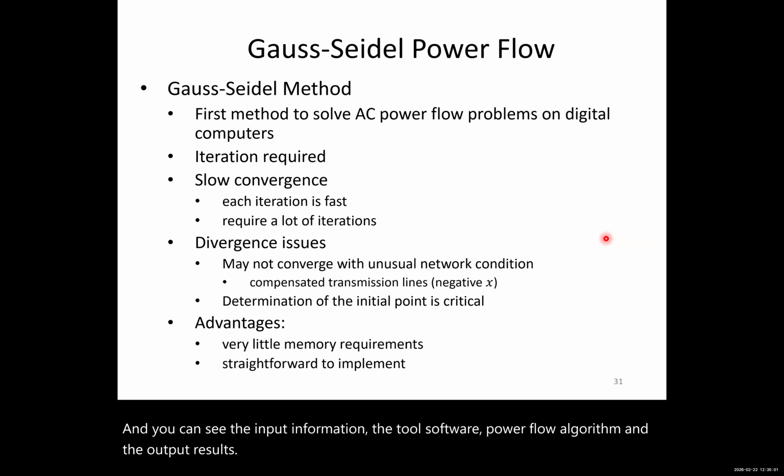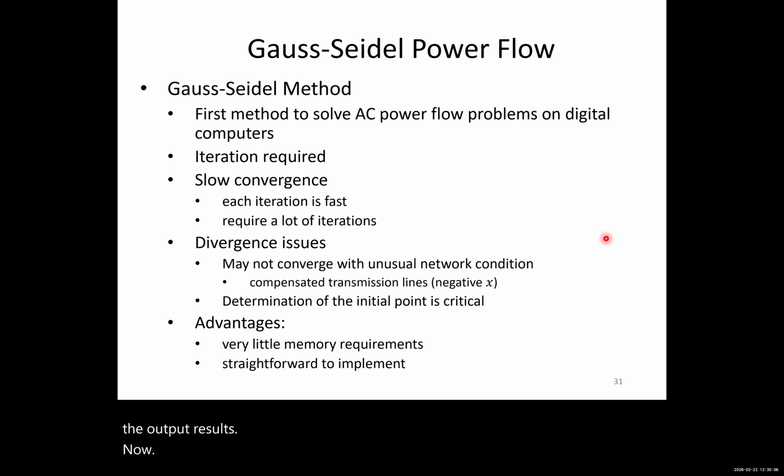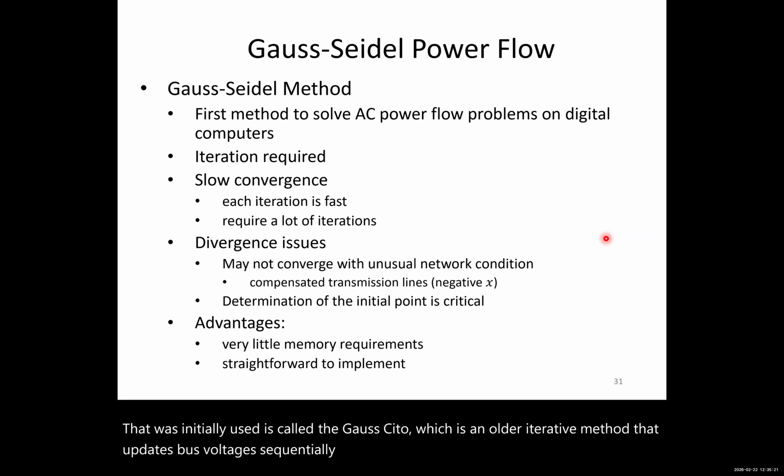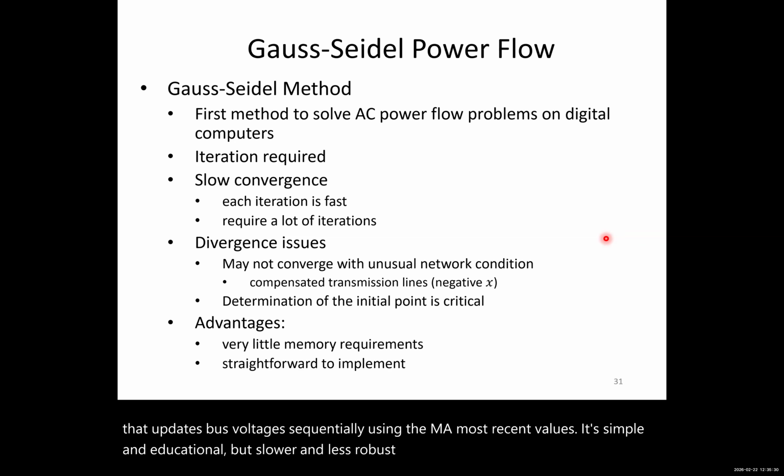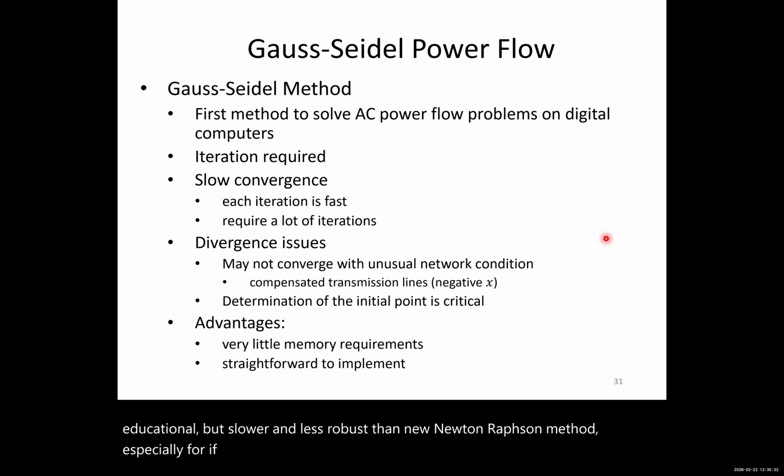Now, another method that was initially used is called the Gauss-Seidel, which is an older iterative method that updates bus voltages sequentially using the most recent values. It's simple and educational, but slower and less robust than the Newton-Raphson method, especially if we have large or stressed systems.